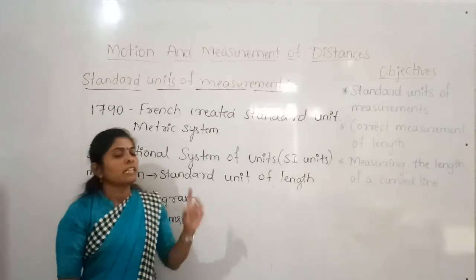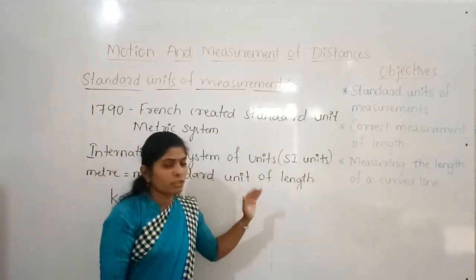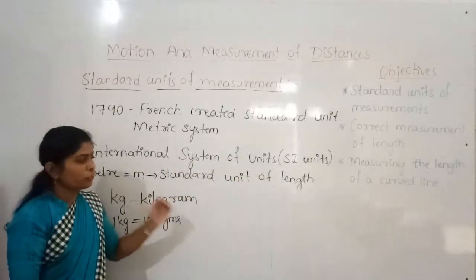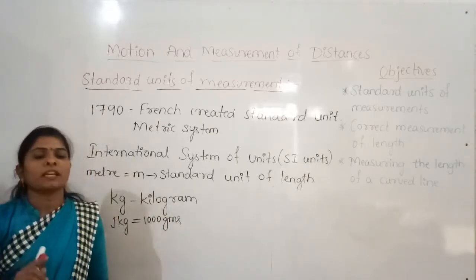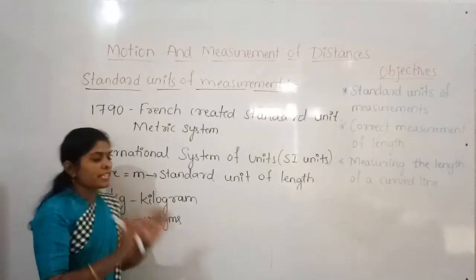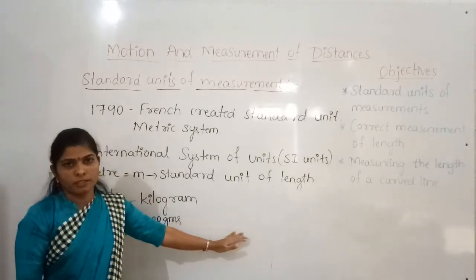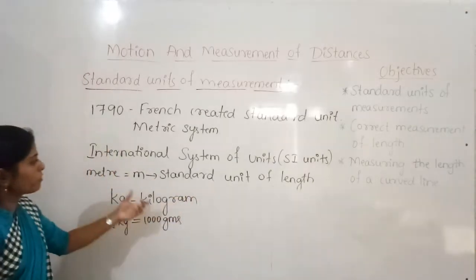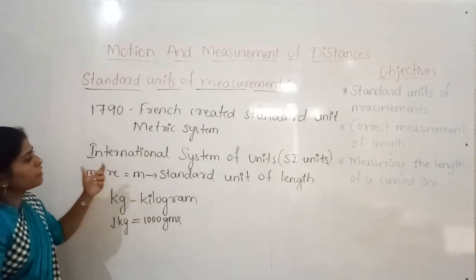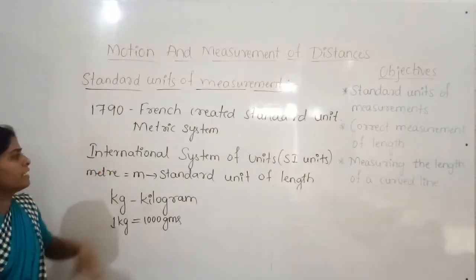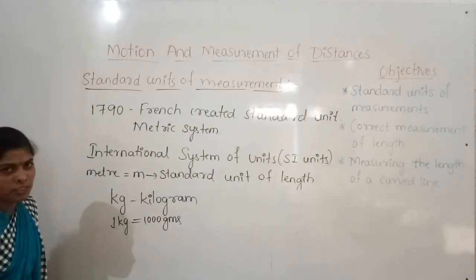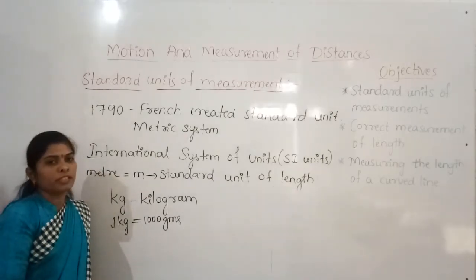So these standard units we are using are universally accepted and the same throughout the world. This is the standard unit for measurements, the International System of Units, that is SI units.